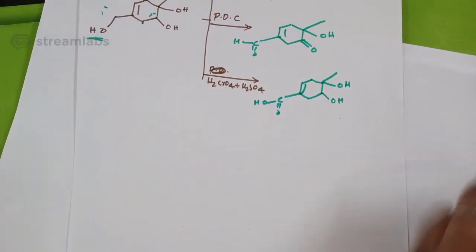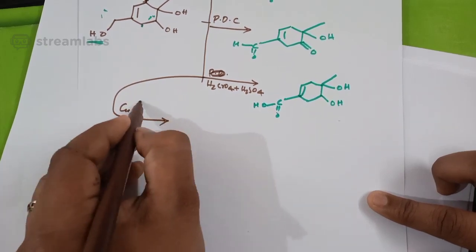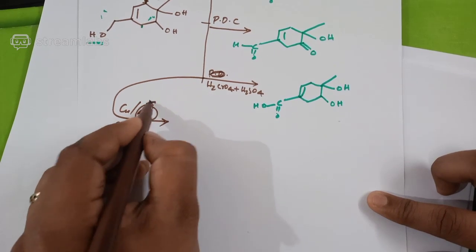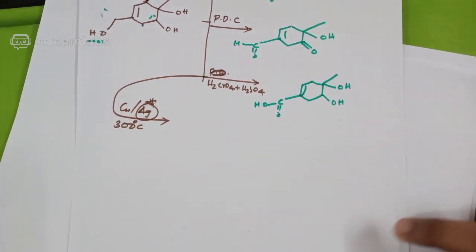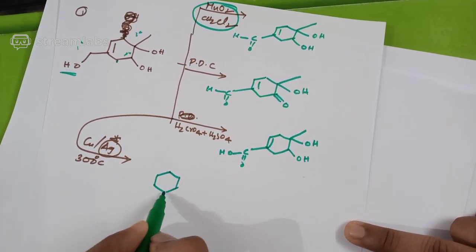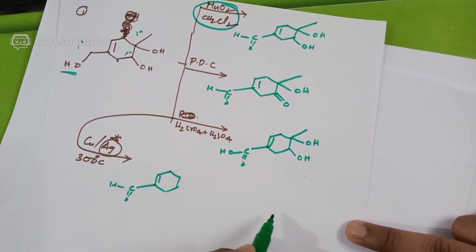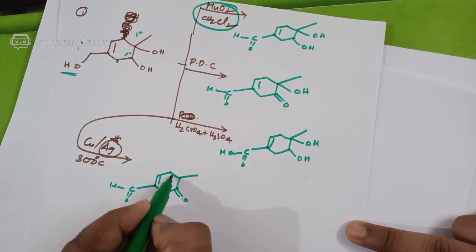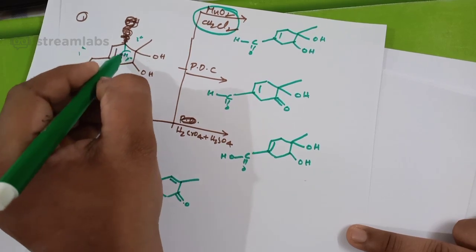The last one I'll tell you is copper or silver at 300 degrees. The best one is silver, then copper. Silver is the best oxidizing agent. By using this reagent, as a mild oxidizing agent, it oxidizes primary alcohol to aldehyde, no doubt, secondary alcohol to ketone, and tertiary alcohol to alkene, because at 300 degrees elimination takes place.